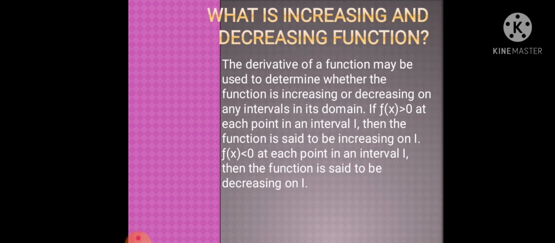If f'(x) is greater than 0 at each point in interval I, then the function is said to be increasing on I. If f'(x) is less than 0 at each point in interval I, then the function is said to be decreasing on I. Because the derivative is 0 or does not exist only at critical points of the function, it must be positive at all other points where the function exists.